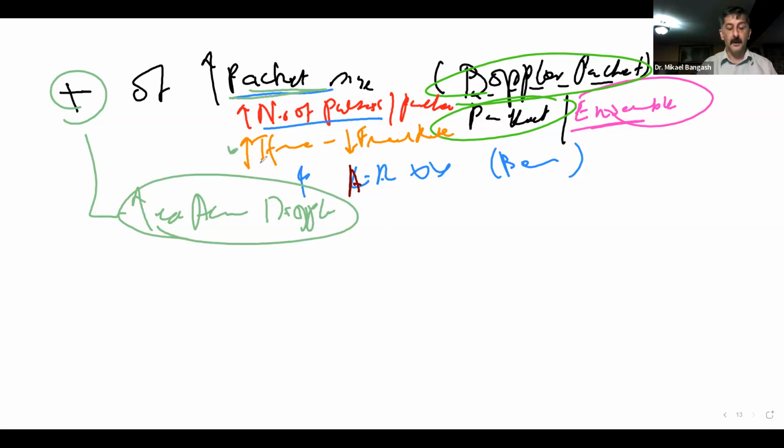Because if your packet size becomes too big, that means a greater frame time, lower frame rate, which will again reduce Doppler resolution.